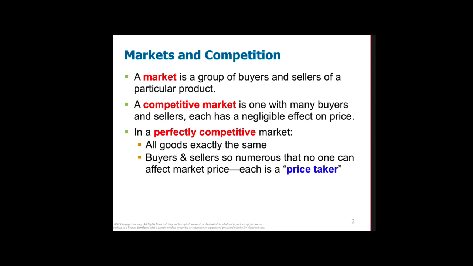And like I said, in this chapter, we're talking about perfectly competitive markets. No one has the ability to mess with the market in terms of producing a good that's just a little better, or altering the price to mess with the market.